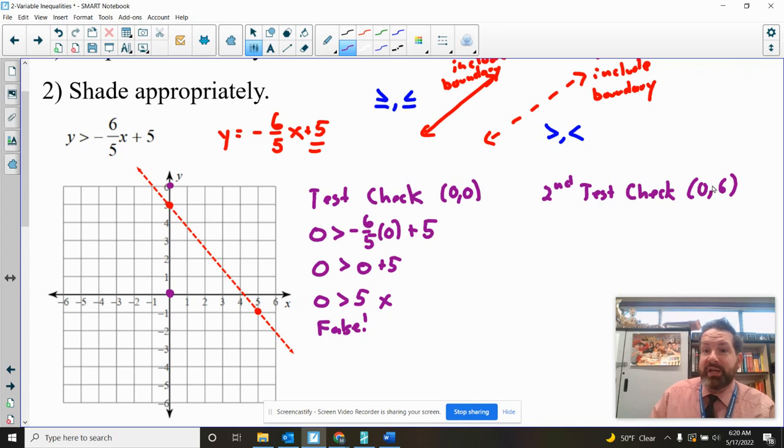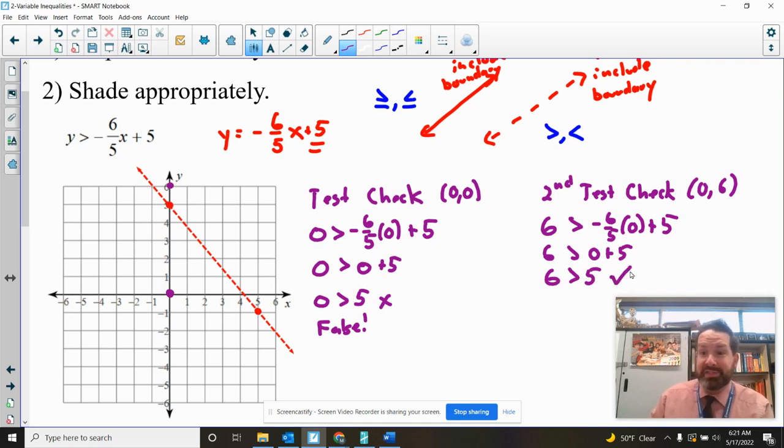So for our second test check, let's see what happens. Put a 6 this time in for the y. We're checking to see if I put a 0 in for the x, do we end up with something true this time? Well, negative 6/5 times 0 is just 0. 0 plus 5 is 5. Is 6 greater than 5? Yes, this is true.